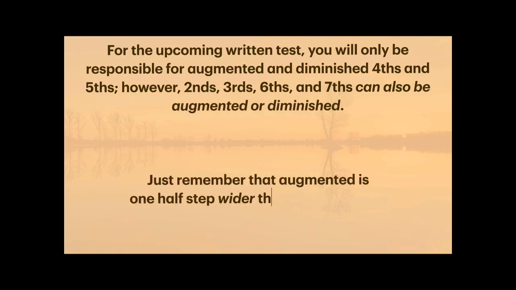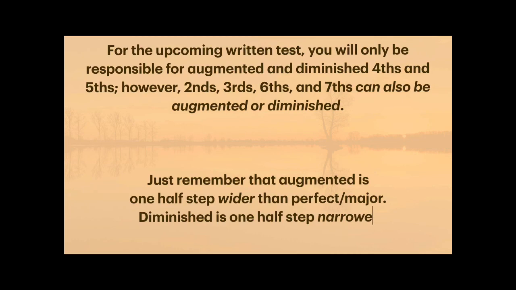However, seconds, thirds, sixths, and sevenths can also be augmented or diminished. Just remember that augmented is 1/2 step wider than perfect, and it's also 1/2 step wider than major. Diminished is 1/2 step narrower than perfect, and also 1/2 step narrower than minor.